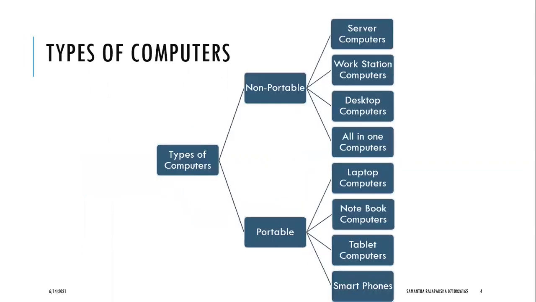As examples, non-portable computers are the server computer, workstation computer, desktop computer, and all-in-one computer. Portable computers, which you can move here and there, are laptop computers, notebooks, tablets, and smartphones. We call them portable computers.